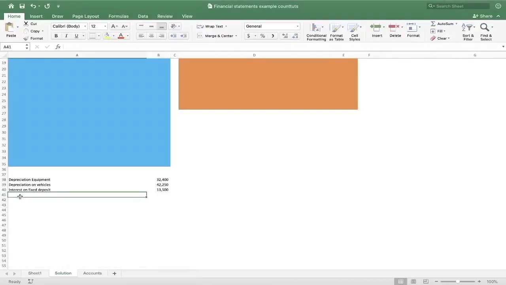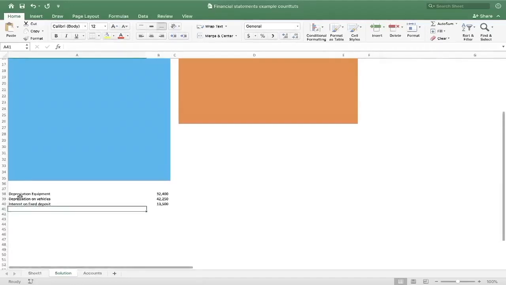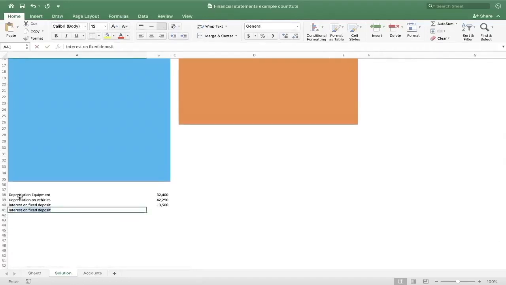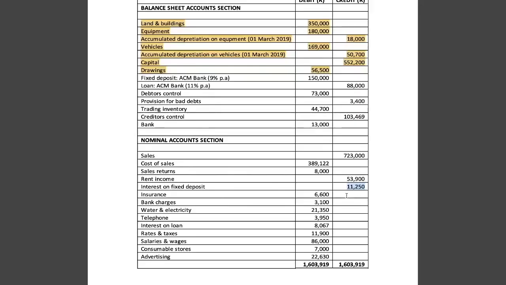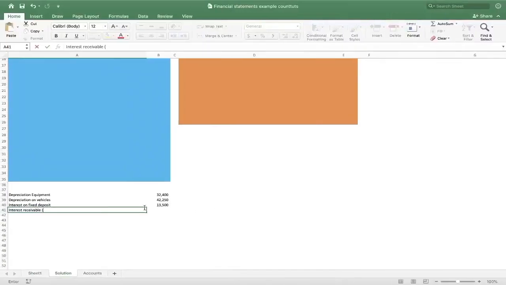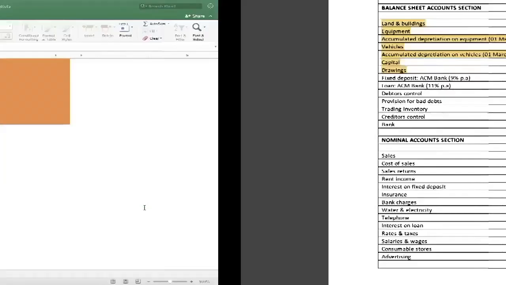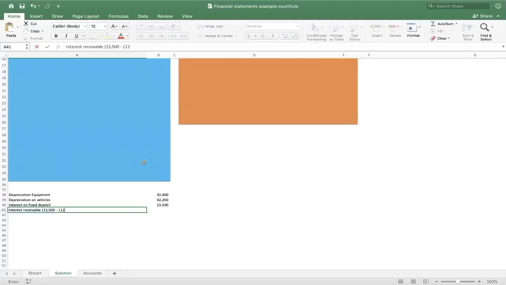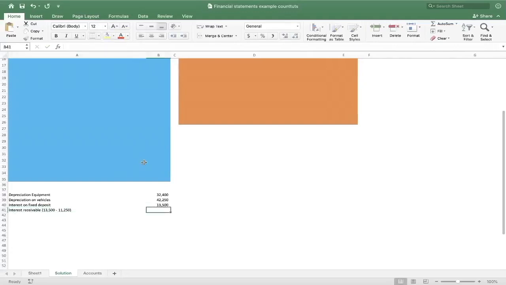But this accrual is interest receivable. The interest receivable here is how much we are still yet to receive. It's going to be the 13,500 rand minus the 11,250 which we have already received, or which we have already accounted for, and it will give us how much interest we are yet to receive.